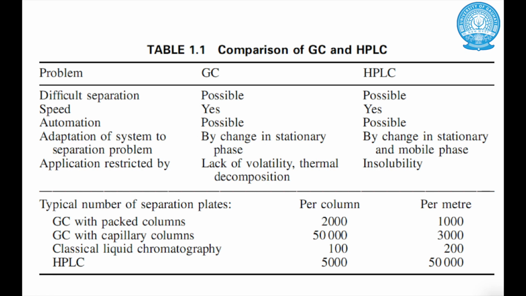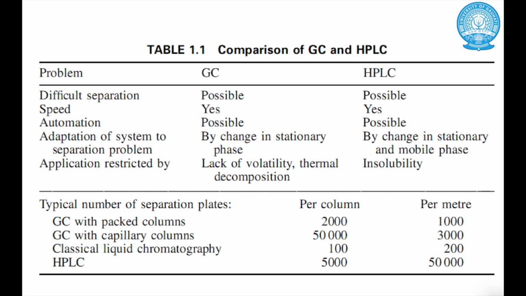In terms of automation, gas chromatography can be automated, HPLC can be also automated. Adaptation of system to separation problem: in gas chromatography, by changing the stationary phase, it can adapt to a new separation system. And in the case of HPLC also, by changing the stationary and the mobile phase setup, we can adapt it for a new separation problem.